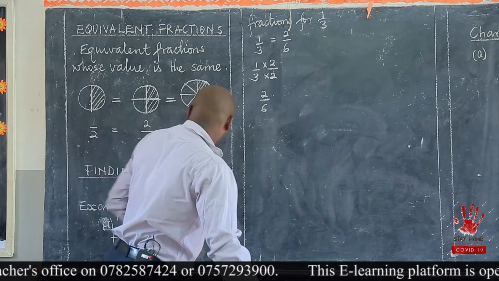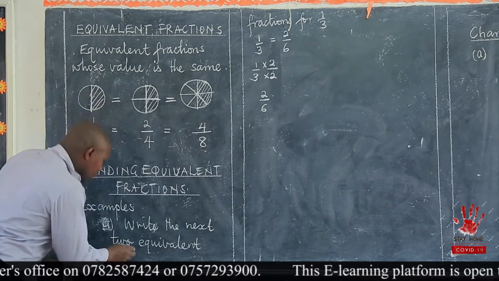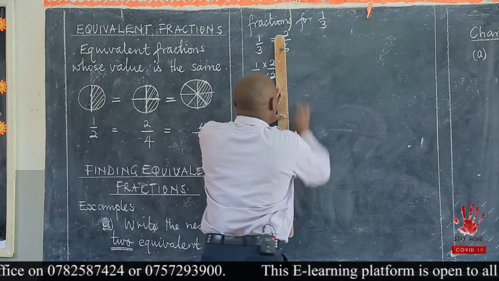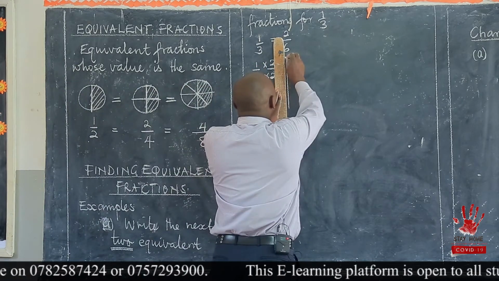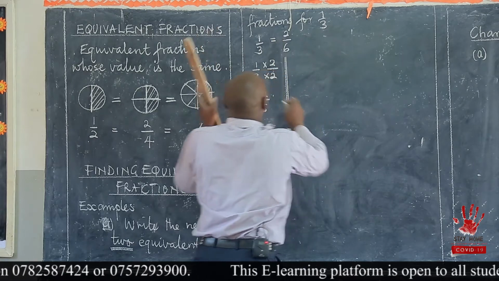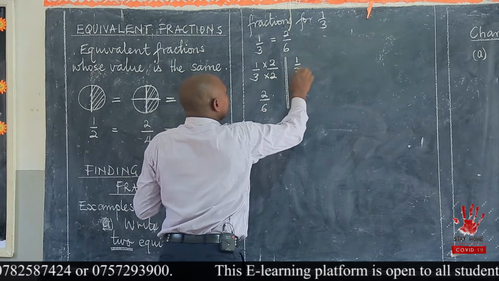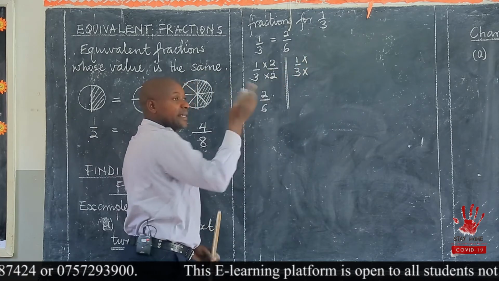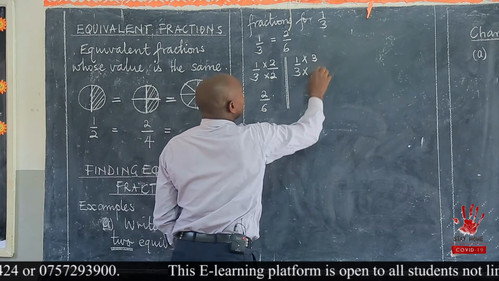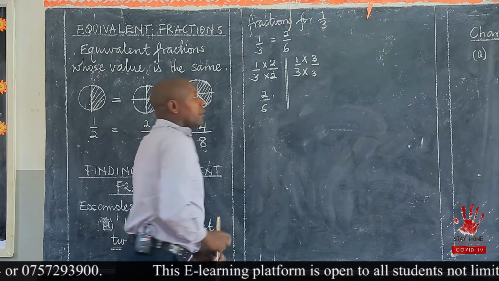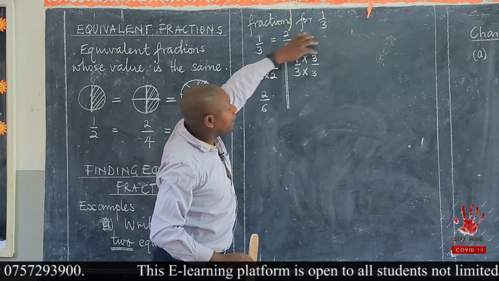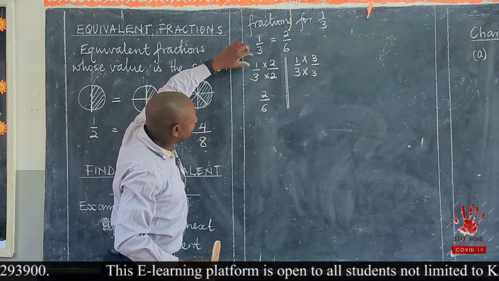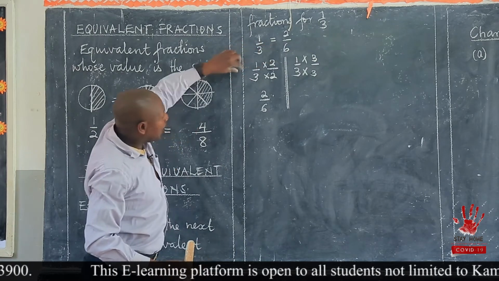Teacher, what if I want to have the next, because they have said we give the next 2 equivalent fractions. The next, still I will bring a third. Watch. If I started with 2, the next counting number is 3. I multiply the numerator by 3, the denominator by 3. Here I started by multiplying the given fraction by 2.